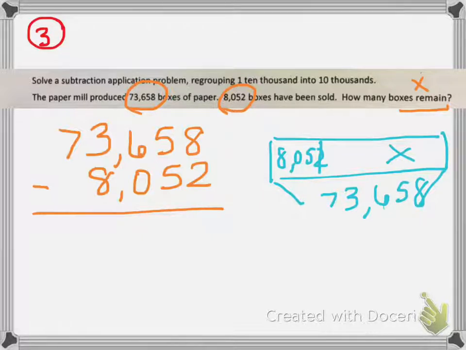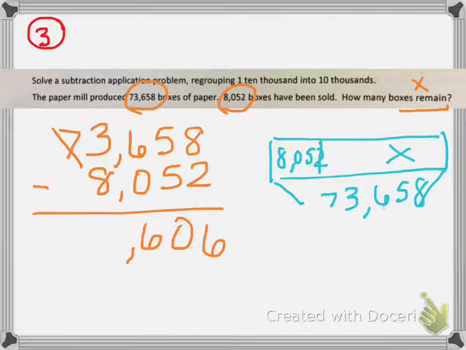All right, let's go ahead and get this figured out here. Let's get it solved. 8 take away 2 is 6. 5 take away 5 is 0. 6 take away 0 is 6. Okay, 3 take away 8. Can we do that? No, you could not take the bigger number away from a smaller number. So I need to go over to the 10,000s place and borrow 1.